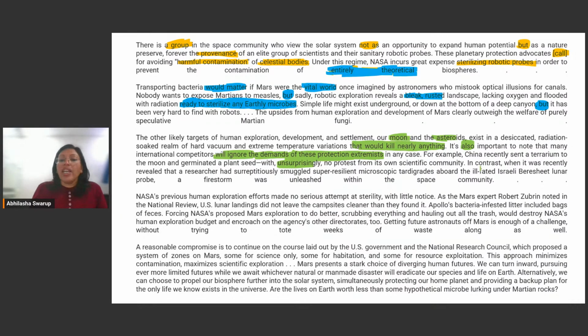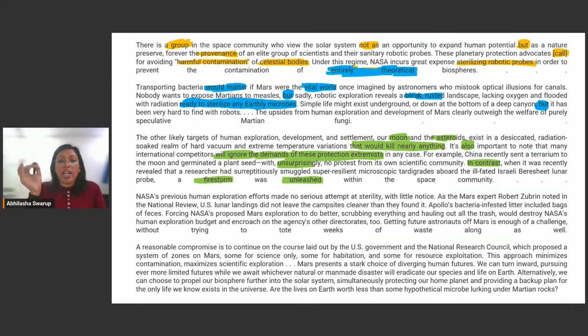Okay. In contrast, when it was recently revealed that a researcher had surreptitiously, secretly, smuggled super resilient microscopic tardigrades aboard the ill-fated Israeli Bereshit lunar probe, a firestorm was unleashed within the space community. Now, see, China takes a plant to the moon and sows a seed. Nobody says anything, not even one Chinese scientist says anything.